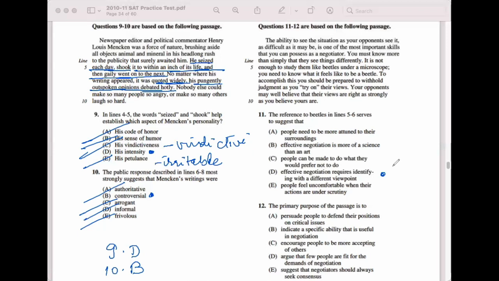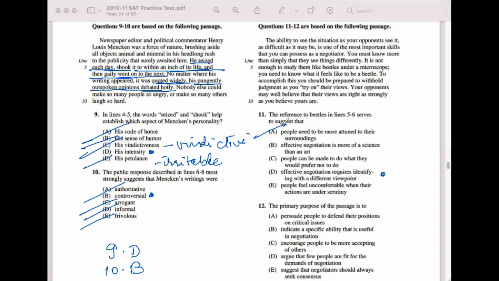Option A says people need to be more attuned to their surroundings. That's kind of vague because we're not talking about being attuned to your surroundings. We're talking about being attuned to the party you're negotiating with. You need to be attuned to what they are feeling, what their thought process might be. So A is not a good answer. Okay, B, effective negotiation is more of a science than an art.